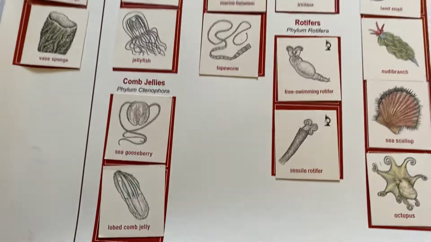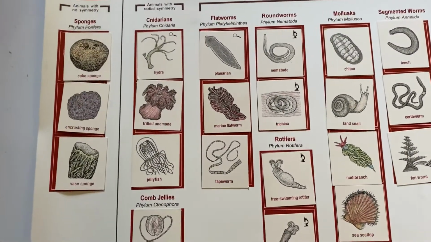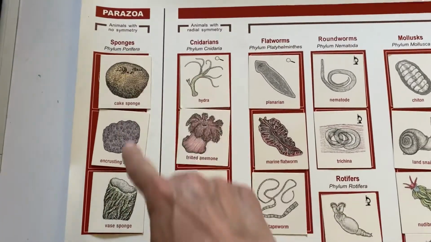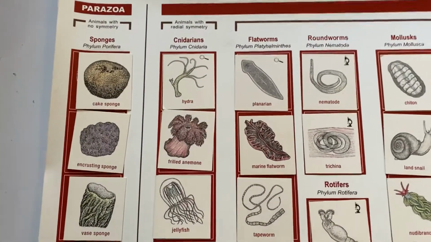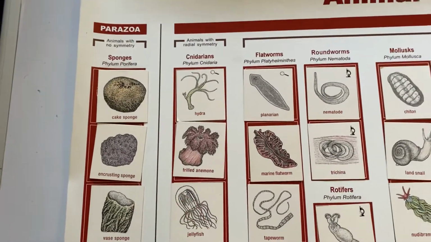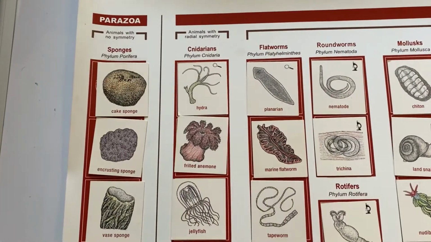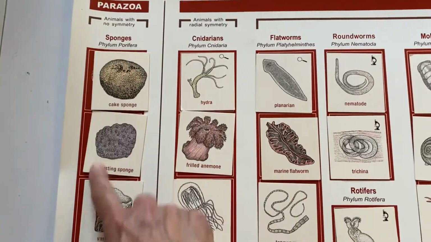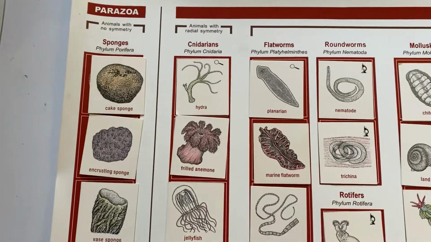And the jellies are more radial, meaning circular symmetry. Now the sponges, believe it or not, sponges are animals. They eat. They're animals. But they have no symmetry whatsoever. They grow in whichever way they want to grow. So this says, animals with no symmetry, which are sponges.